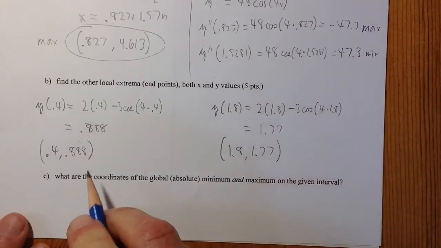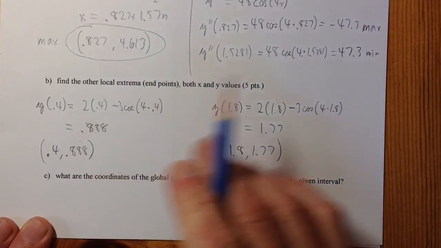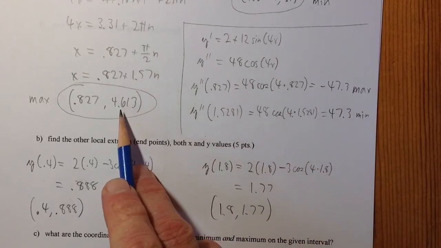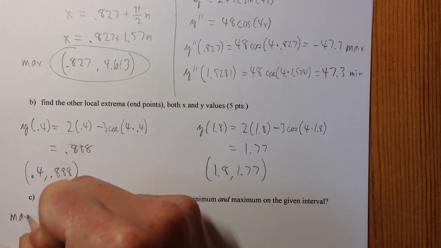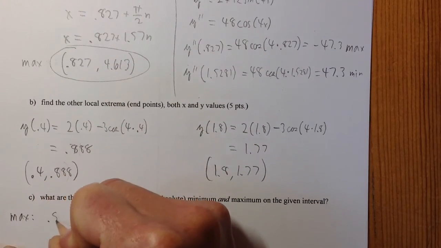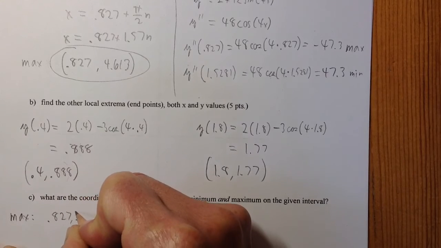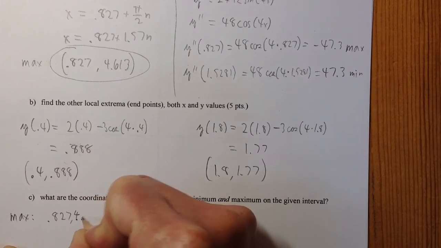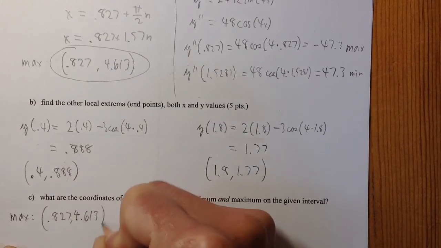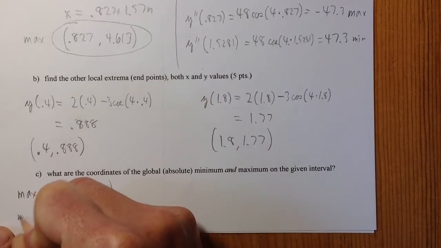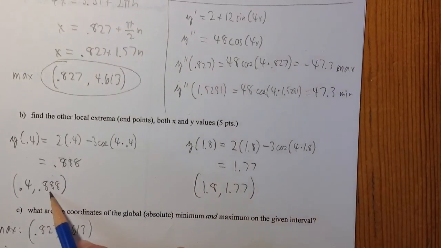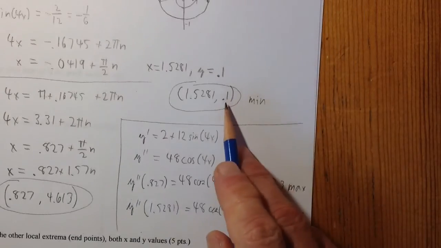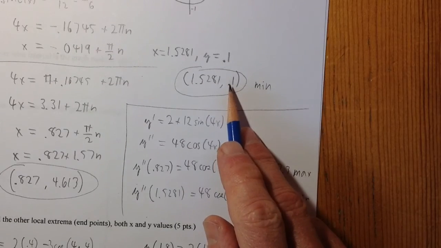Now, which is the biggest? Let's see, biggest y value. Here we have a 4.6. Here we have a 0.1. The 4.6 looks like the biggest. So the maximum on our interval is going to be at 0.827 and 4.613. That's our biggest. And the minimum, let's see, 0.888 is pretty small. 0.1, so the 0.11 looks like it wins.